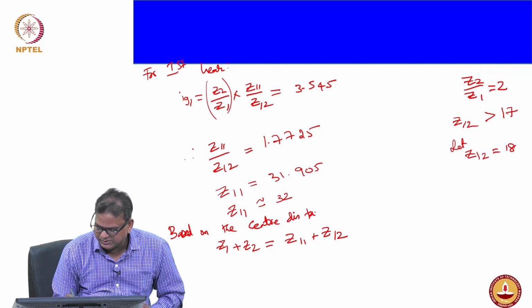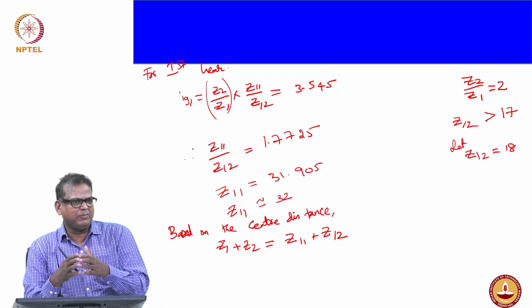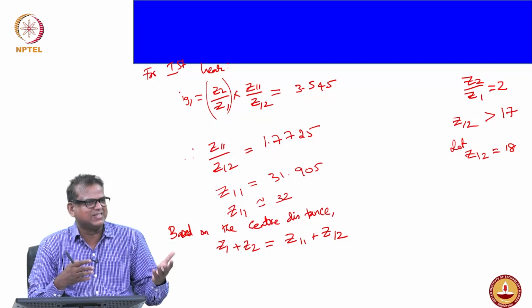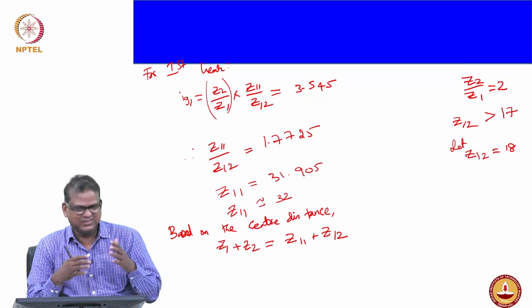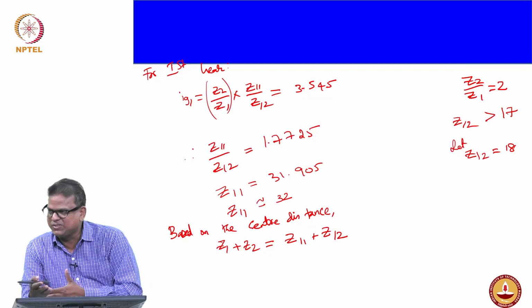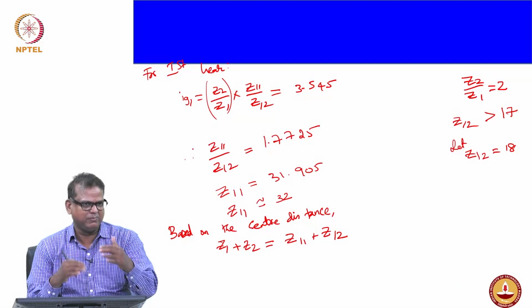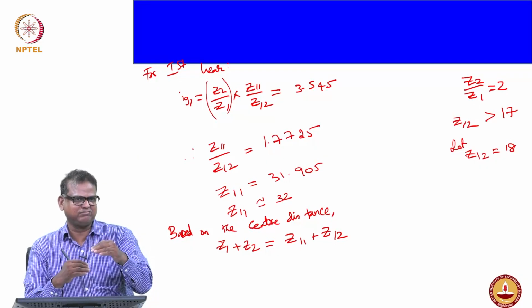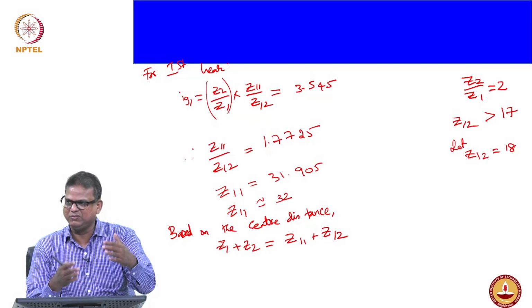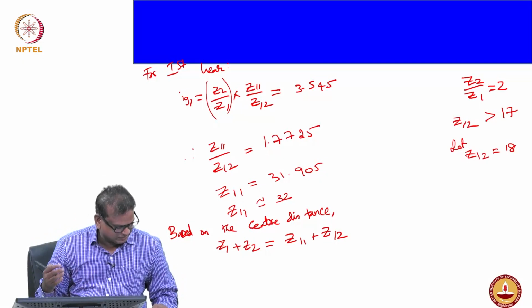One more piece of information I would like to share: in this problem, there is no constraint on the center distance, so you are free to choose it based on calculation. However, in some problems the center distance is fixed, so you have to do the calculation accordingly. I will give that kind of problem in the assignments.